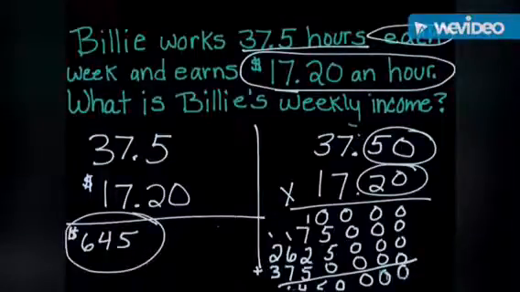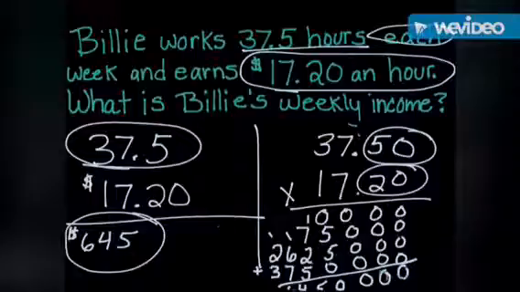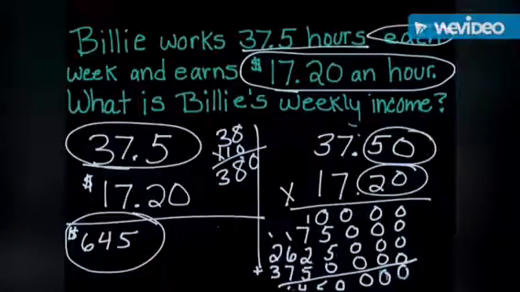If I think about it, it makes sense. Because if he worked 37.5 hours, and I could think about 37 as maybe 38, just estimate. And if I think about that times 10, would be about 380. Of course, he's making almost $18 an hour.